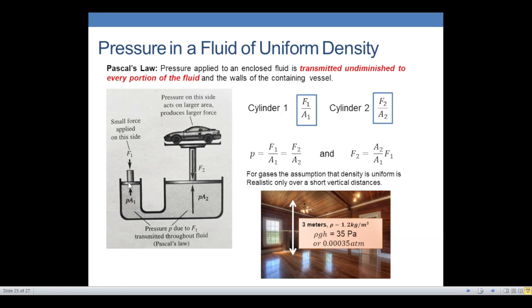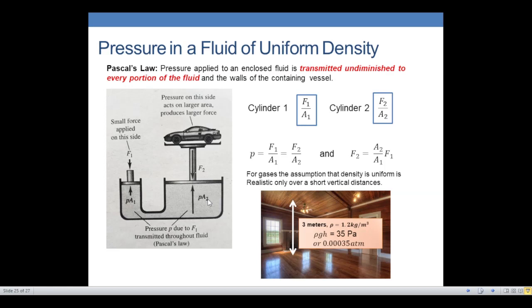Okay, but according to Pascal's law, the pressure inside the fluid is equal. If we're going to remember our previous discussion about the fluid as a continuum, meaning the fluid here acts as a single body.